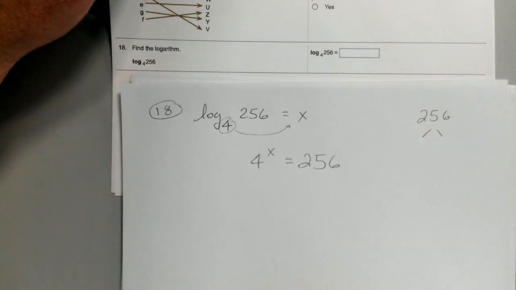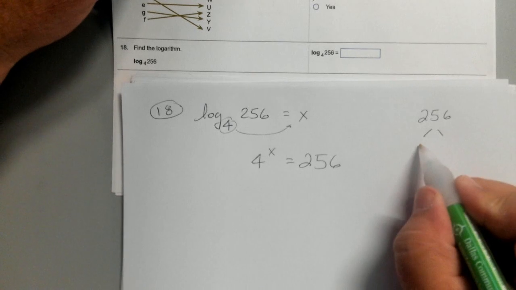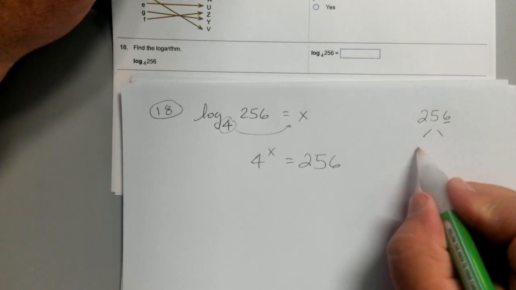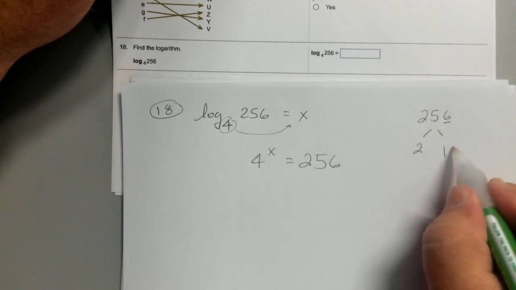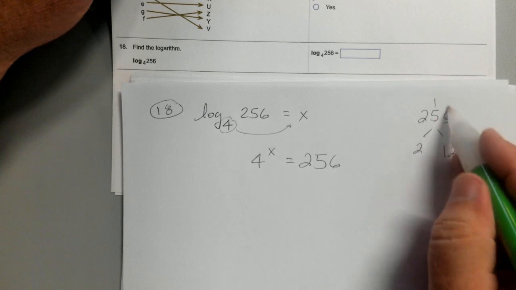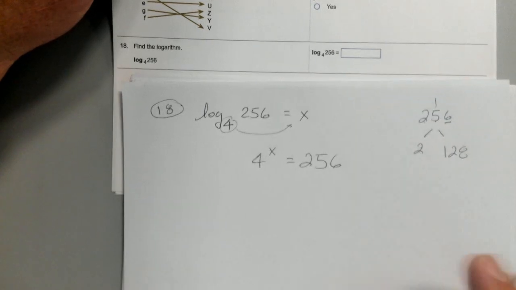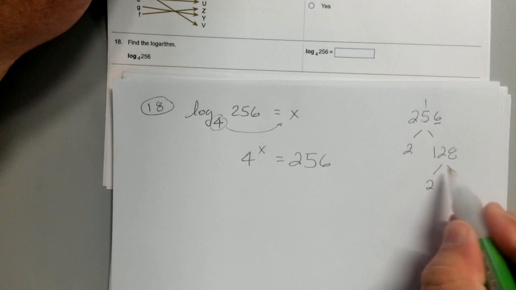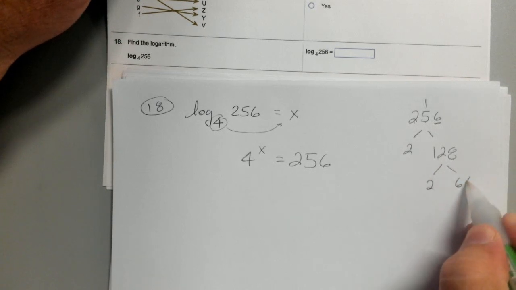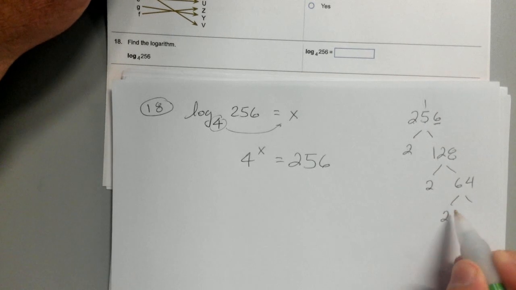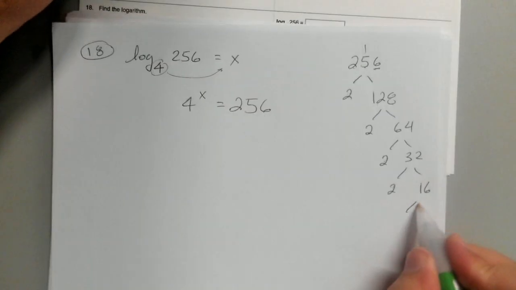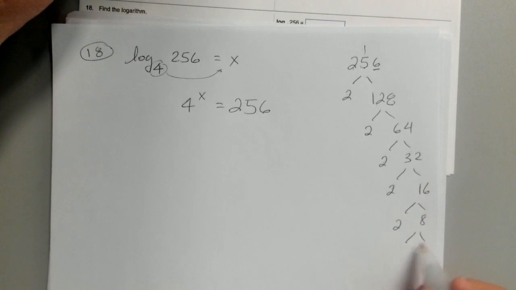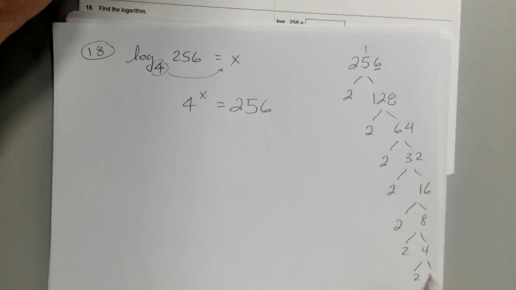What is 256 made up of? It ends in an even number, so we know 2 goes in there. 2 goes into 256 128 times, into 128 64 times, and so on down through 16, 8, 4, and 2.